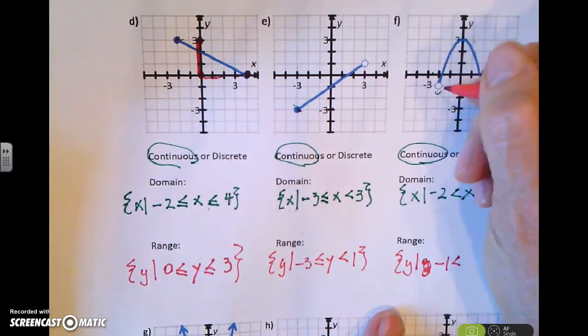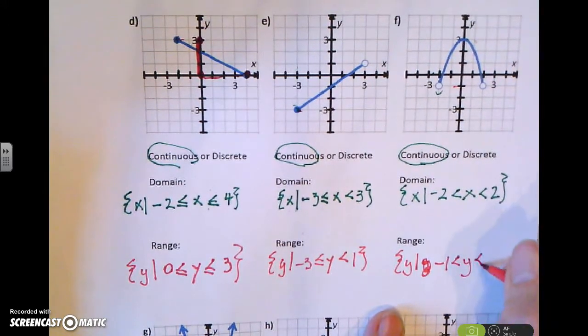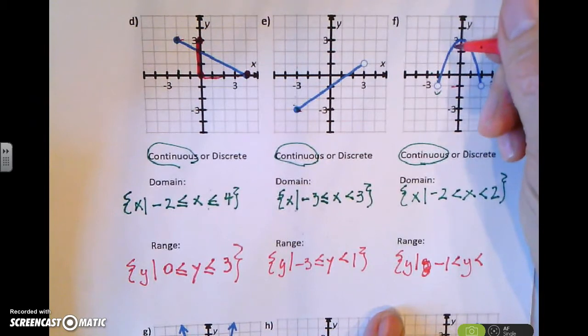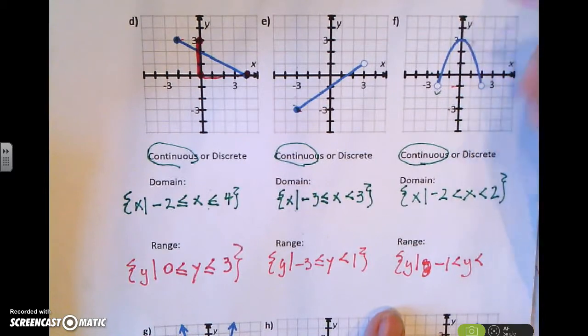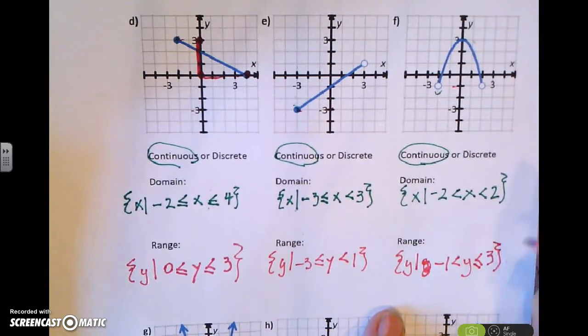That's going to be less than because those are open dots. y is less than, oh, is that less than or equal to? Is there an open dot there? No, there's not. So they're not going to put a big nasty looking colored in dot right there. It's just going to be a smooth go through. If there's not an open dot, that means that this is included as well. So it's going to be less than or equal to 3.